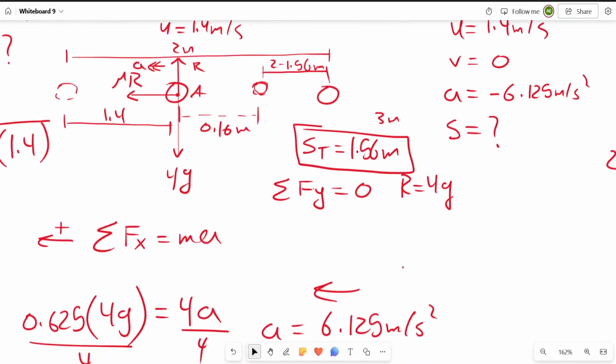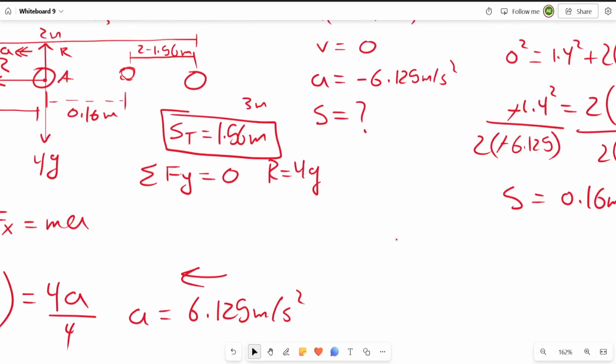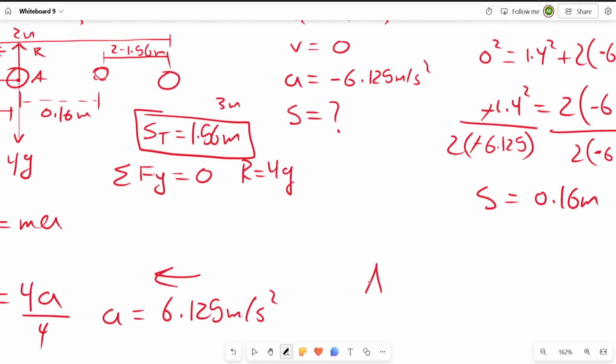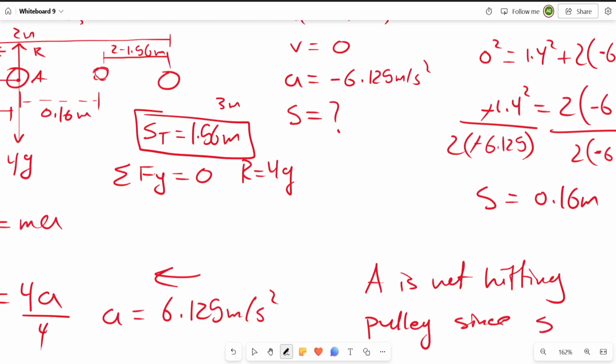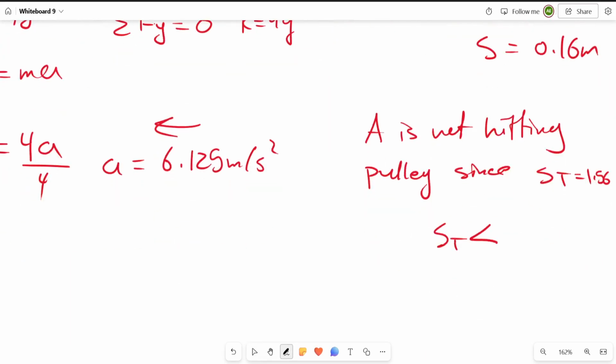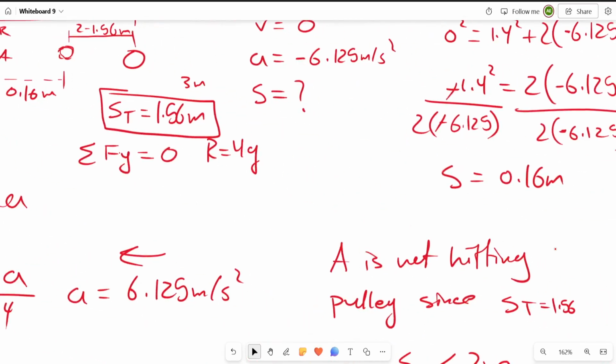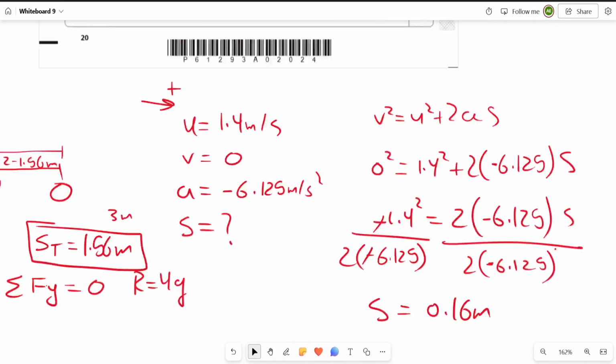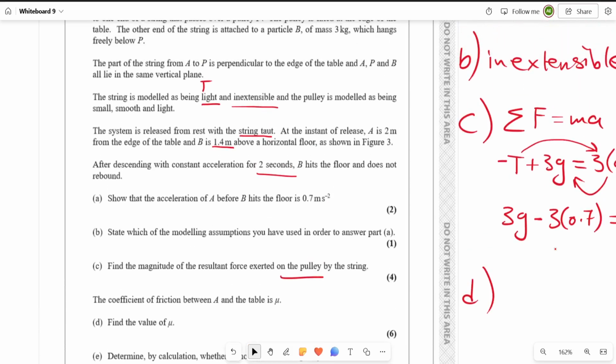However, in our scenario over here, to completely solve it, A is not hitting the pulley since s total is equal to 1.56 meters, which is less than the 2 meters, the distance between the pulley and the starting position. So this is how to approach this question. Always in these questions, try to divide sections in order to visualize everything.